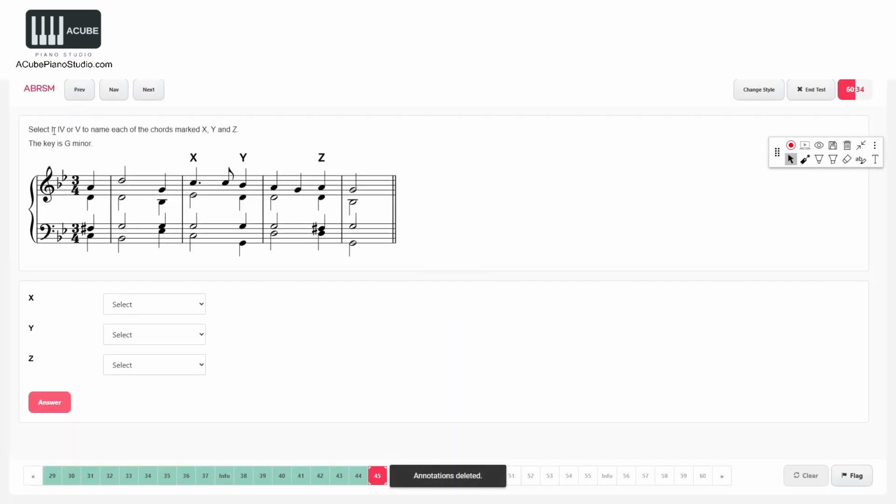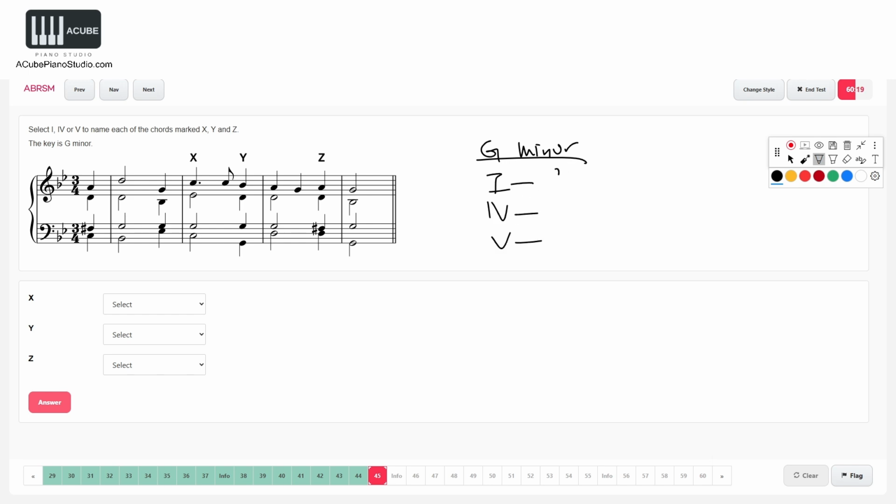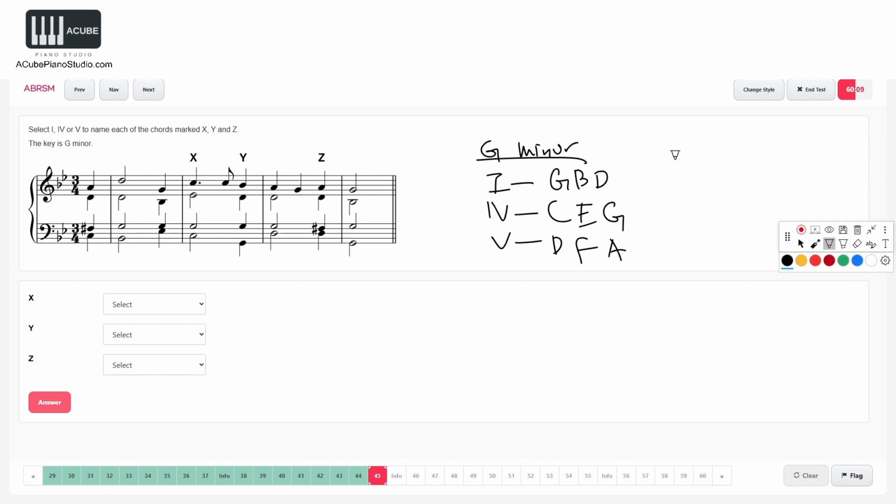So next, select 1, 4, 5 to name each of the chords marked X, Y, Z. The key is G minor. So to do this, okay, G minor, right? First, write out the names of the chords. So for G is G, B, D. Okay, then C, E, G, D, F, A. If you want to include the flats, for G minor, it is B flat and E flat, right?